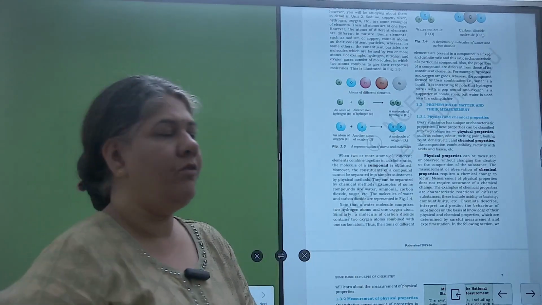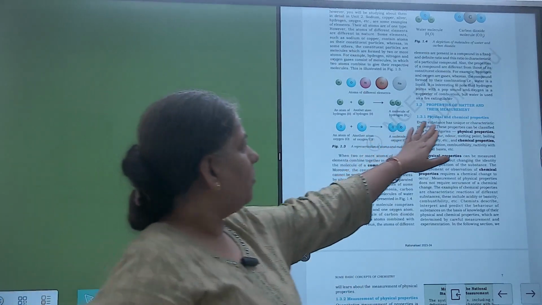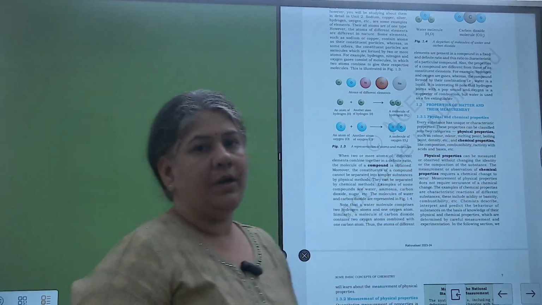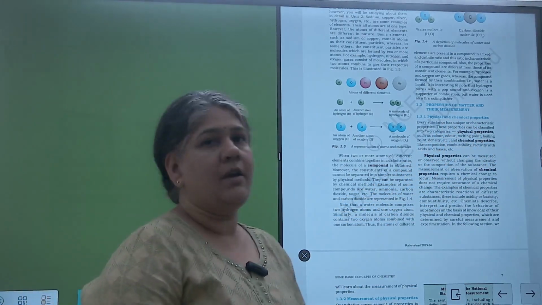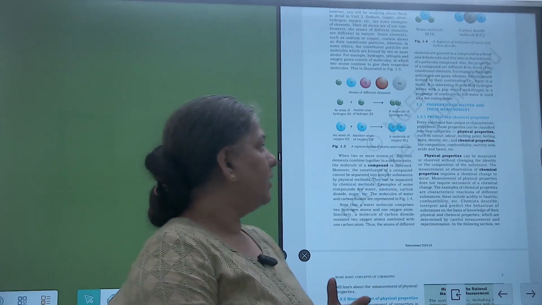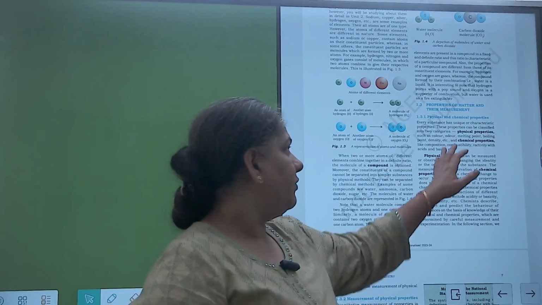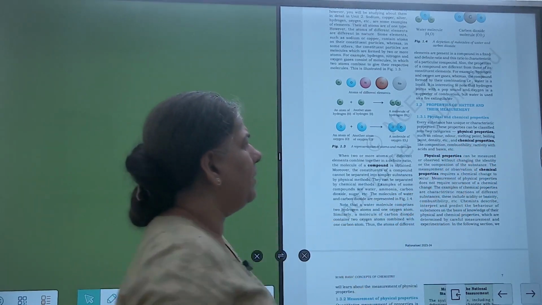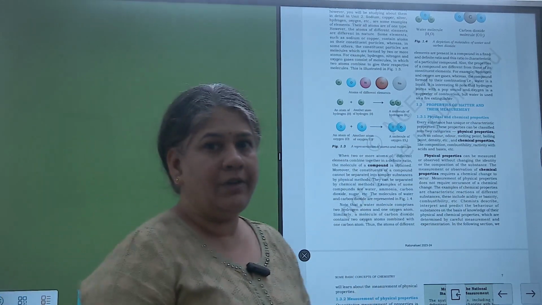Let's see properties of matter and their measurements. There are physical and chemical properties. These are two properties which are used to define or explain any matter or the nature of matter. Physical properties are like color, odor, melting point, boiling point, density, refractive index.